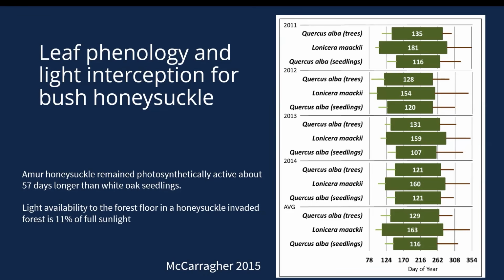So it just overwhelms them, can get over them and shades them out for a longer period of time. McCarrigan also looked at light availability to the forest floor in an area invaded with honeysuckle, and it was around 11% of the light available in full sunlight. So really, really effective at shading out the forest floor. Really neat research.